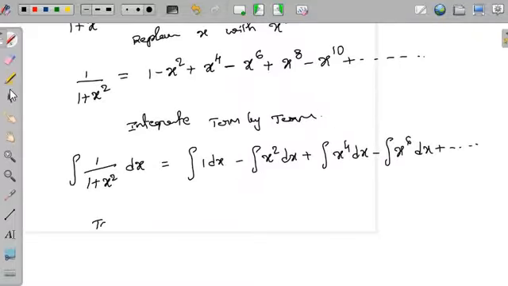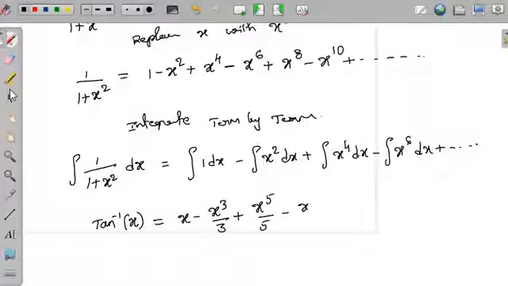So on one side, I hope we can see that this is tan inverse of x. So tan inverse of x is equal to x minus x cubed by 3 plus x power 5 by 5 minus x power 7 by 7 plus x power 9 by 9 minus and so on.